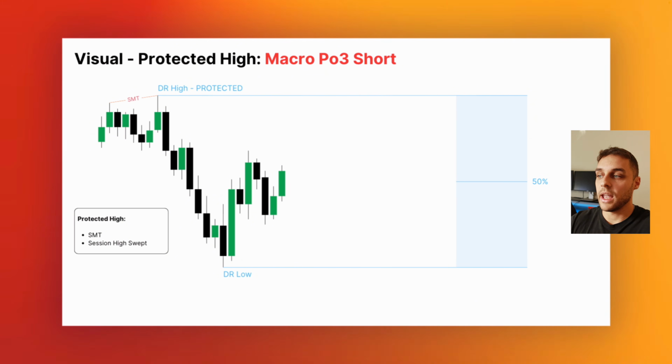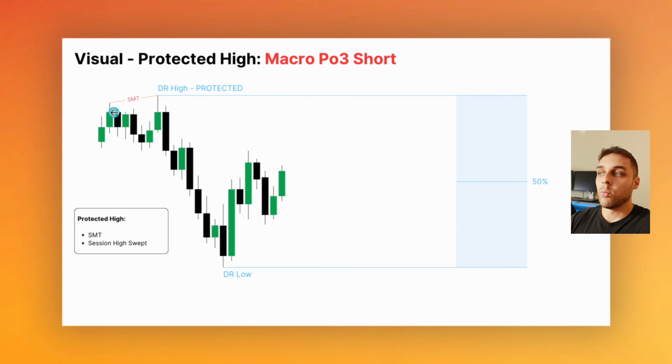This could be a previous day high, this could be a London high, any sort of significant buy-side liquidity taken out, and then we see a turnover, displacement, in this case to sell side. That paints the picture for this high as a protected high because the business, per se, is already done up there. Everything's taken care of.